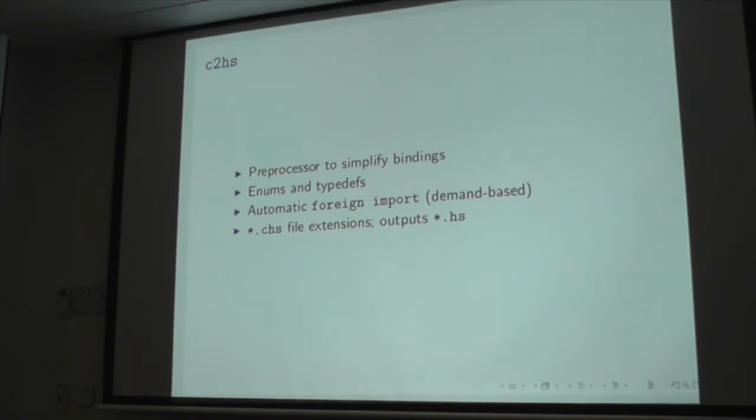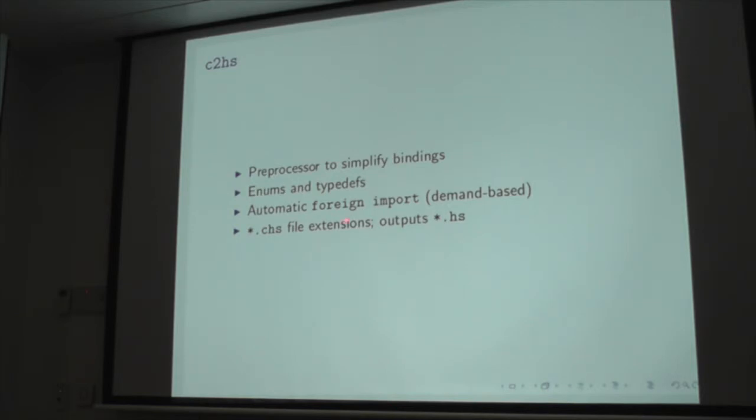C2HS is a preprocessor to simplify the writing of bindings. It lets you easily obtain types that represent enums and typedefs in your C headers.